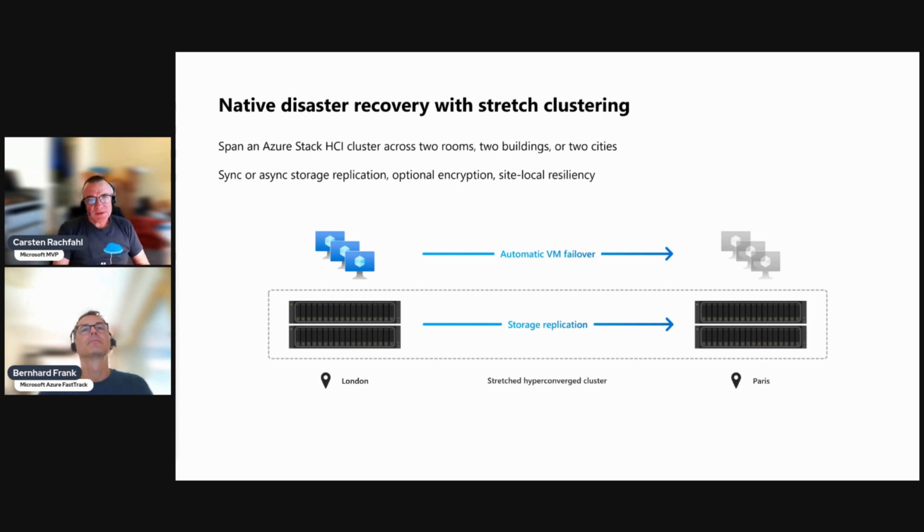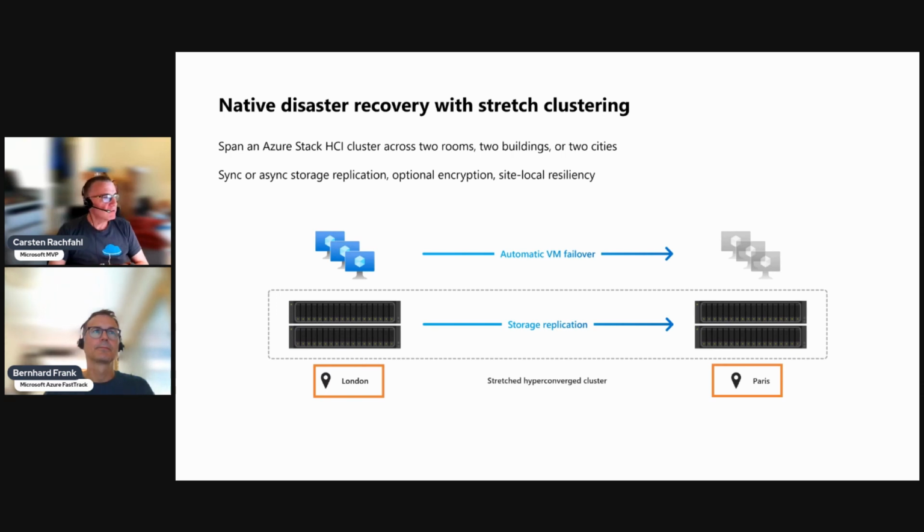This is a slide from a Microsoft presentation, and in this slide, you see we have a 4-node cluster. That's the minimum. It's stretched over two sites, and to be clear, one part is in London and one is in Paris. So this is one extreme where you're not even on the same continent.